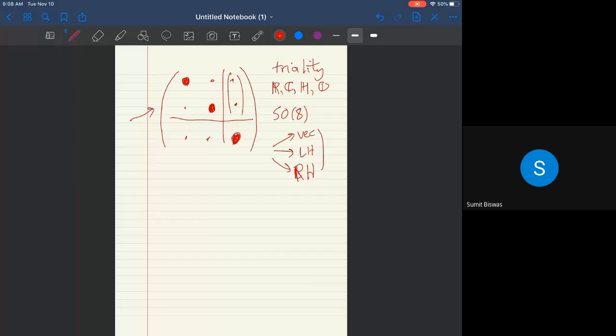Yeah, so this was actually related to the question that I was answering right at the beginning of the lecture. Something which I didn't have a chance to explain very well is that, once upon a time, when the Standard Model was originally invented, neutrinos were believed to be massless.